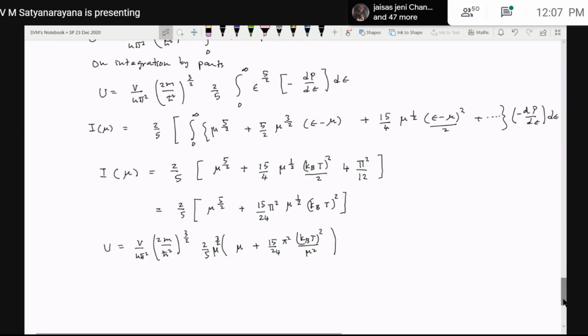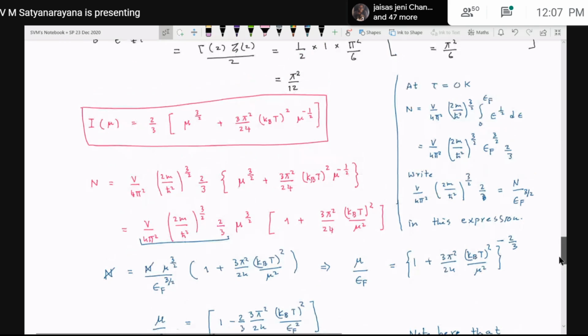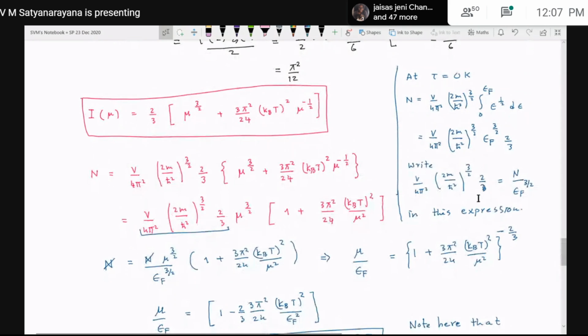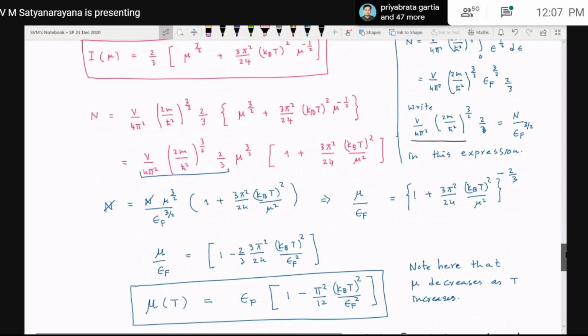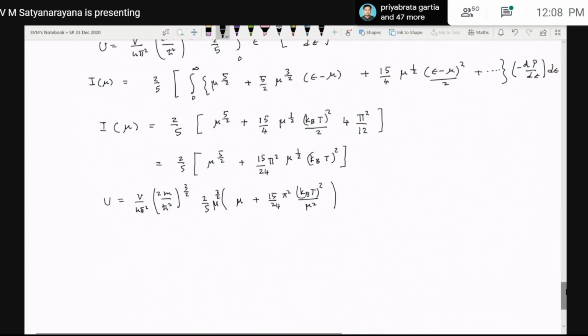So now let's go back to this thing. I have written this one. Now, of course, here I don't have 2/3. I have 2/5. So let me say up to this, I will write this as 3/2 into n divided by epsilon f to the power 3/2. Okay, so this is equal to that.